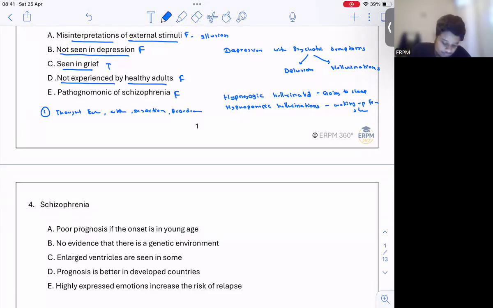The second one is delusions of control, passivity, and delusional perception. Those are included in the second part. The third one is mainly third person hallucinations.